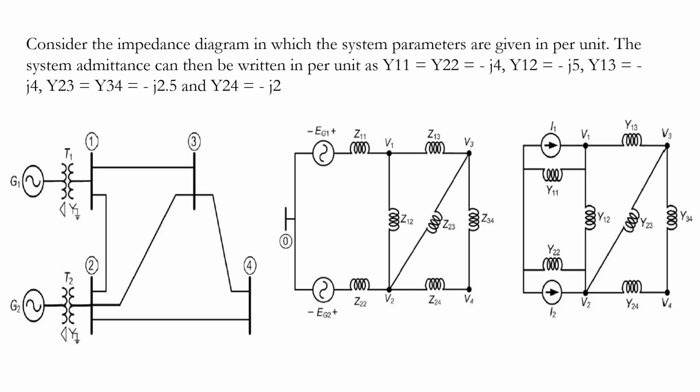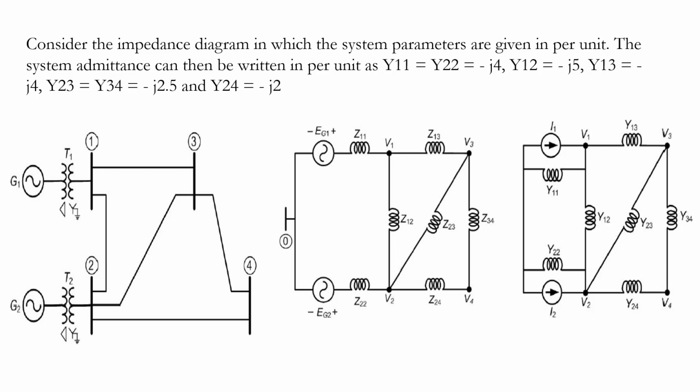This impedance diagram can be converted into an admittance diagram by converting the voltage source to a current source. Here, a voltage source in series with Z11 is represented as a current source in parallel with Y11. Similarly, EG2 is represented as a current source in parallel with Y22, and Z13 is equivalent to 1 by Y13 and Z12 is 1 by Y12.